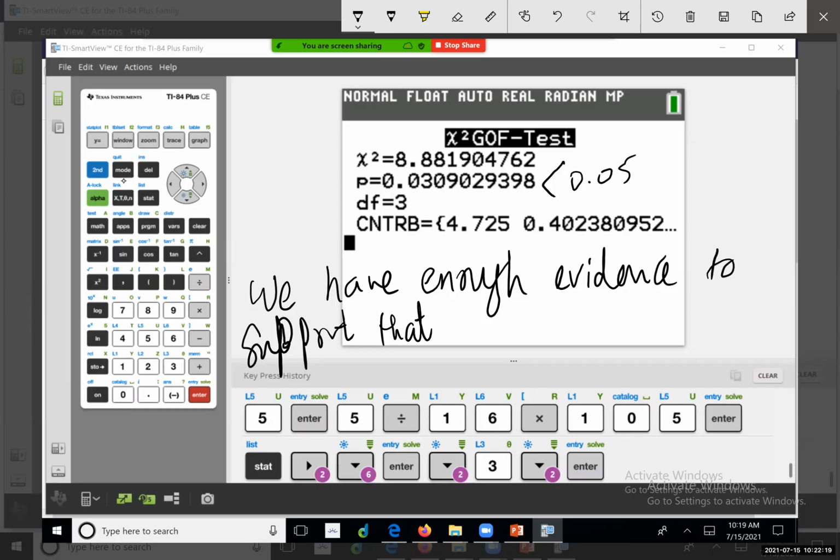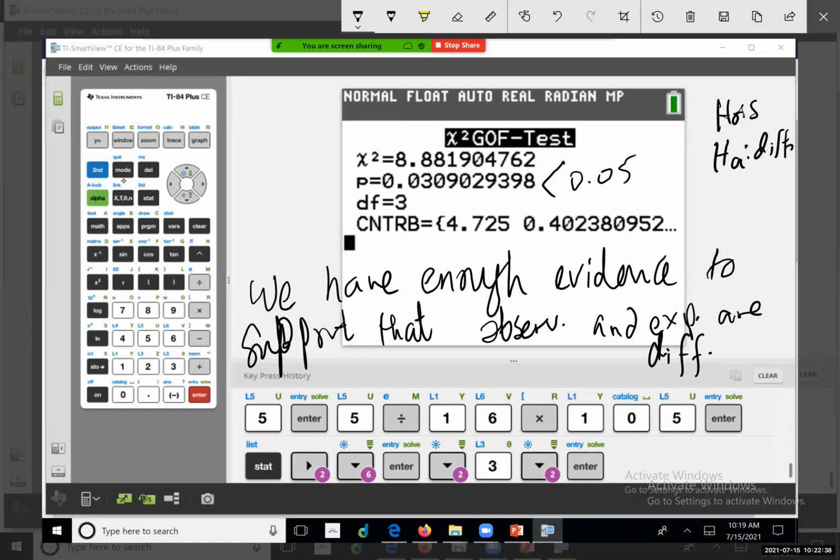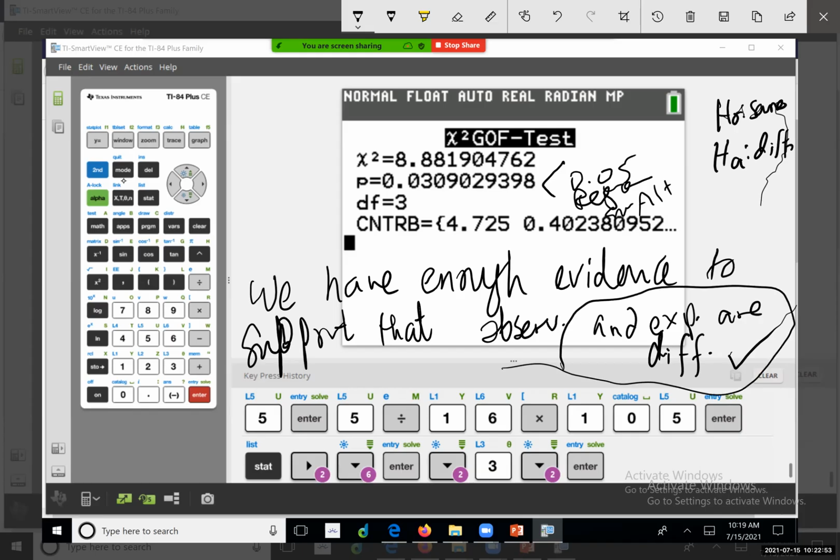So observation, based on the games, and expectations are different. Because alternative is always that they are different, and null is always that they are the same. So in this case, you would reject the null and support the alternative, because alt is always different.